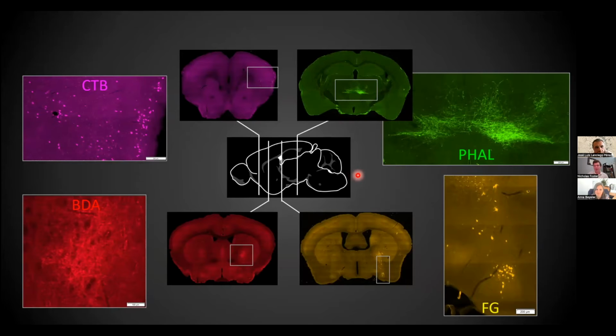But the labeling from all four of these tracers is present throughout all four of these representative sections. I just showed one tracer for each of these sections for clarity's sake, but you get a beautiful brain-wide visualization of all of these tracers from a double co-injection.